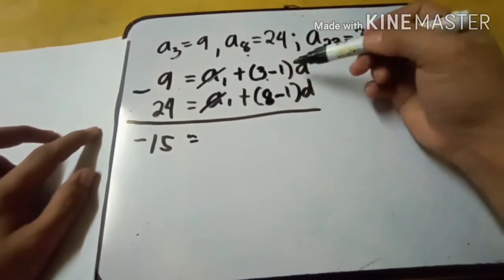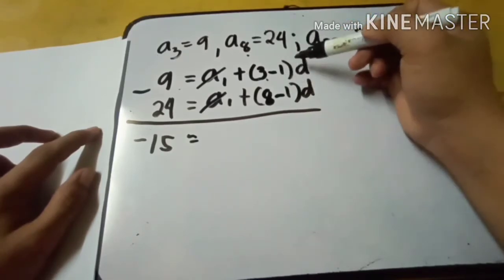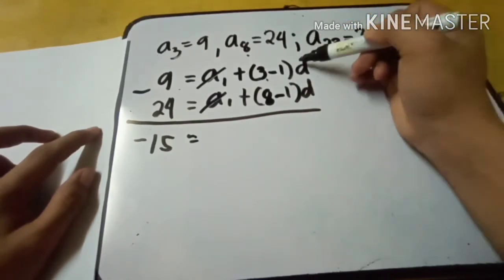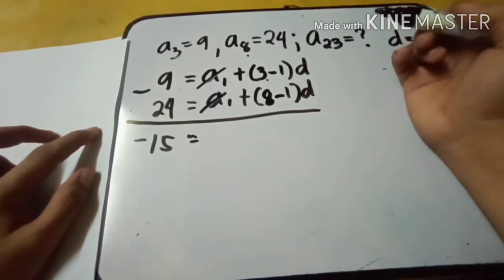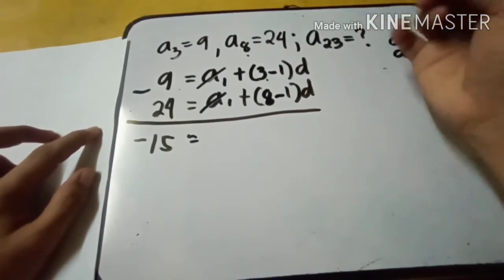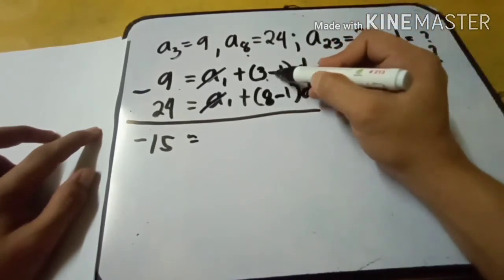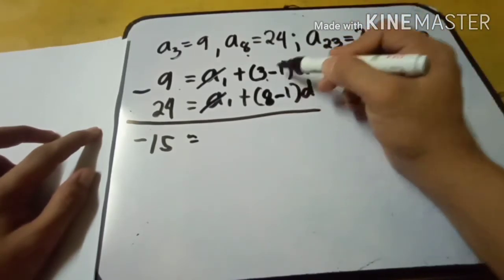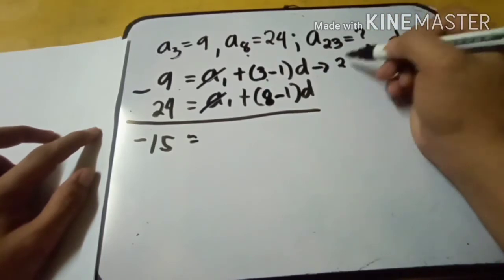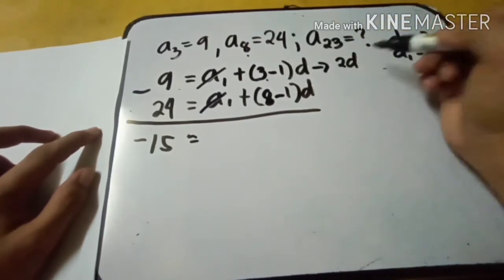Then this time, before we subtract, we have to distribute the d first to the terms inside the parentheses. That means we have to evaluate this one. 3 minus 1 will give us 2. Then 2 times d will give us 2d. Am I right?